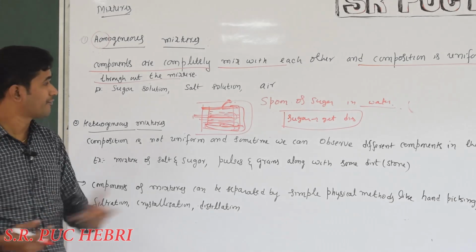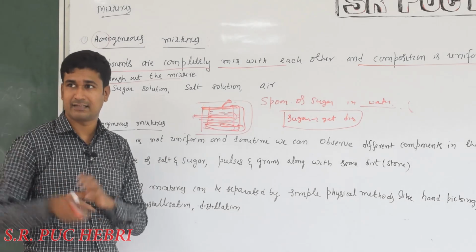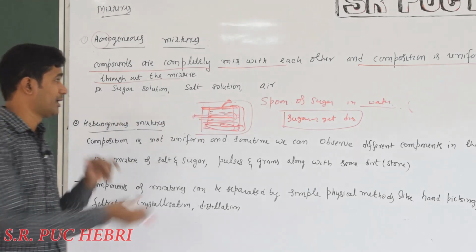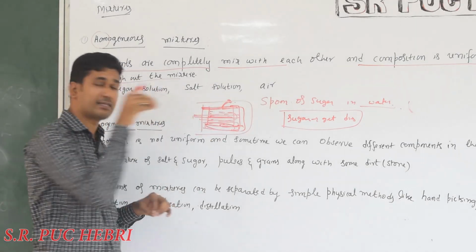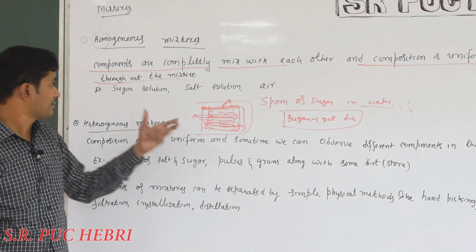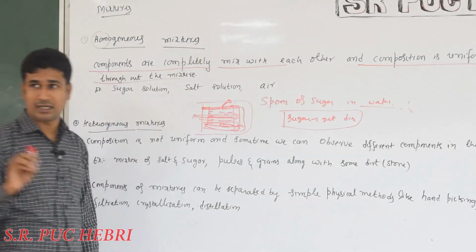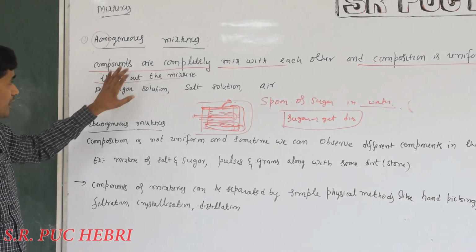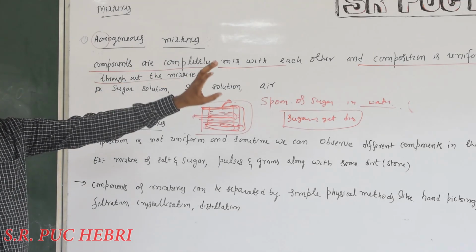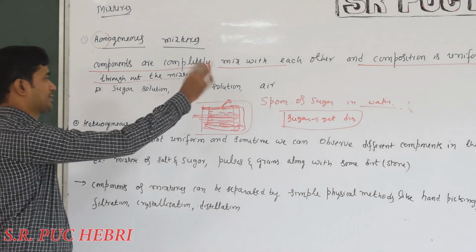It will not change from place to place inside the solution. Understood? So the taste of sugar solution is the same everywhere. That means the composition is uniform. The components are completely mixed, and the composition is uniform throughout the mixture.